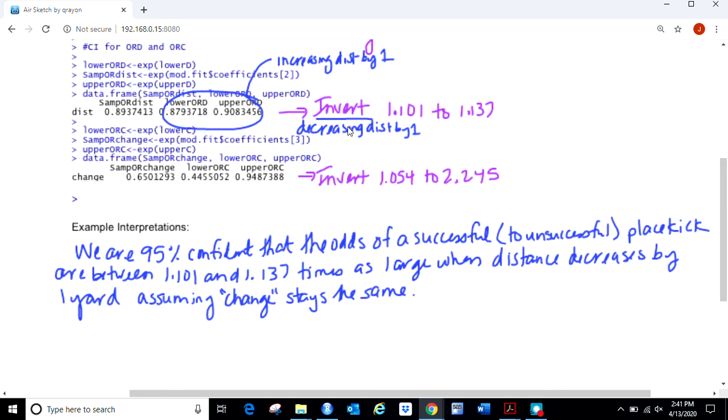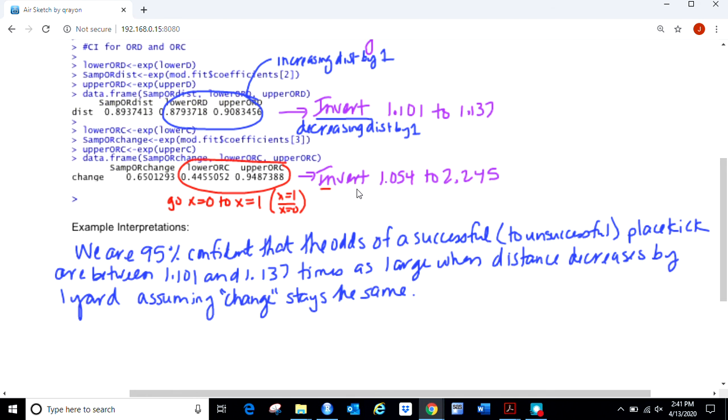Okay, let's now talk through this change confidence interval. Because it was different, because it's a binary variable, so let's refresh our memory of what that's going to mean. When I looked at this, that was assuming you go from x equals 0 to x equals 1, or that x equals 1 was on the top.